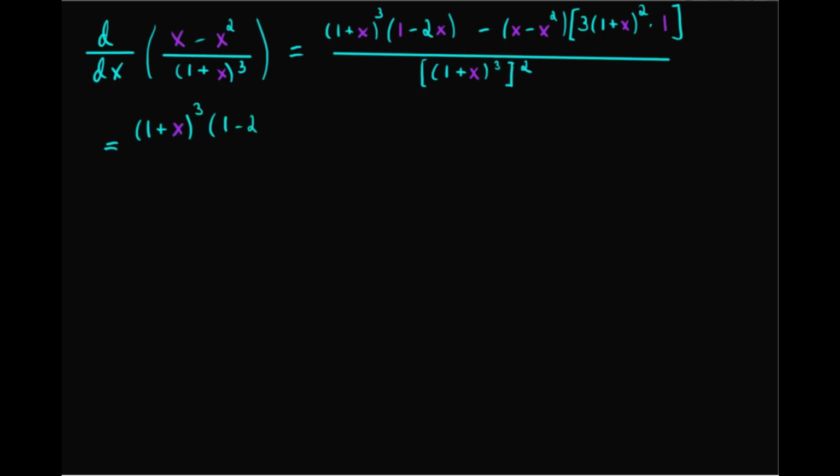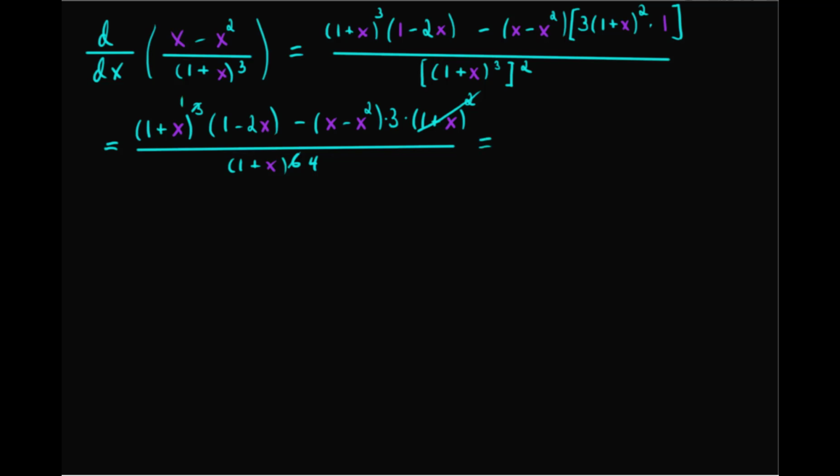So we can start to simplify this expression a little bit by noting that in both terms in the numerator I have the quantity 1 + x raised to a power, so I can cancel a (1 + x)² from both of those terms in the numerator, and I can reduce the exponent of the denominator from 6 to 4. And so I end up with this expression equaling (1 + x)(1 - 2x) - 3(x - x²), all over (1 + x)⁴.